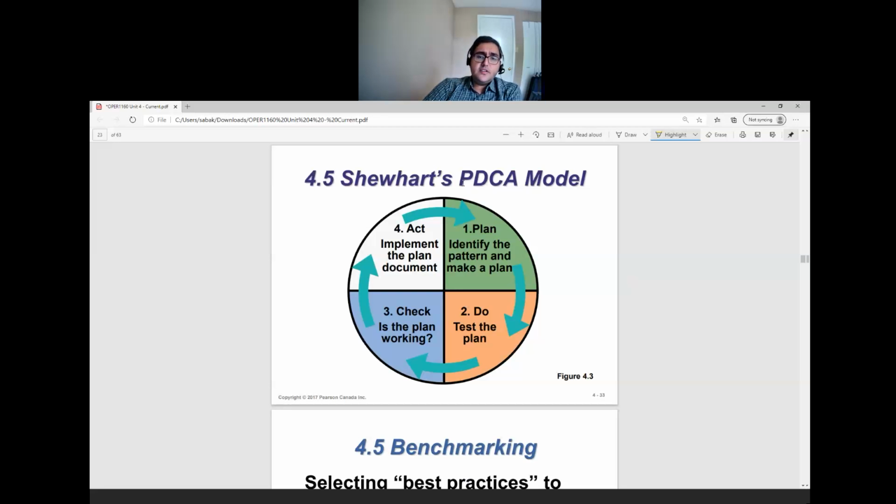Now, there are two more methods which we are going to study here. The next is called the PDCA approach, which stands for plan, do, check, act. PDCA is always written like this: P, D, C, and A. What it means is you start with planning. The initial plan is to reduce the waiting time from 5 minutes to 3 minutes.